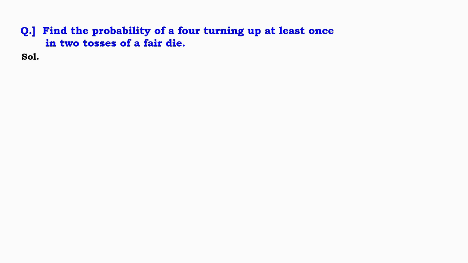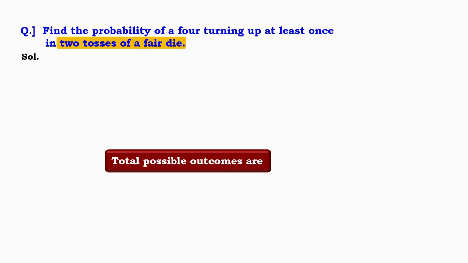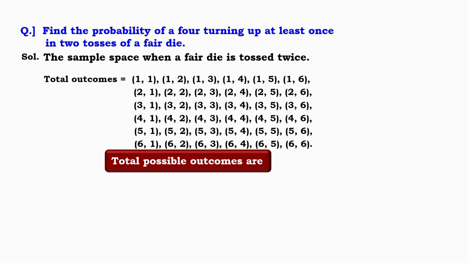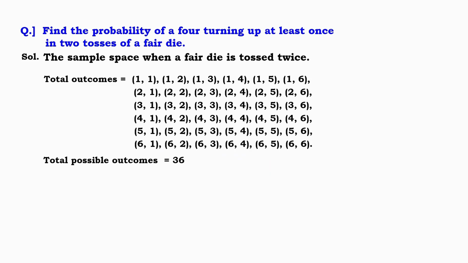So we have to check that at least once the 4 will come up in 2 tosses of a fair die. Okay, so 2 tosses means the total possible outcomes are the sample space when a fair die is tossed twice. So how many outcomes are there? Since the die is tossed 2 times, the total outcomes is 36.